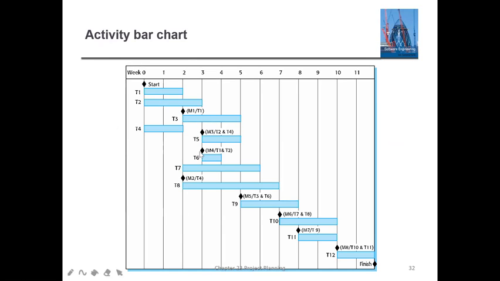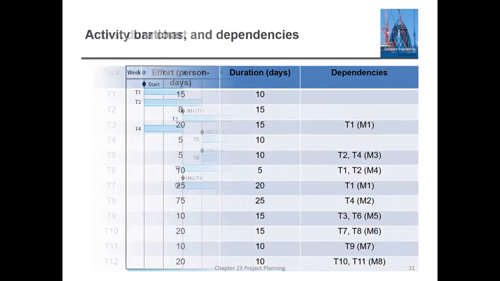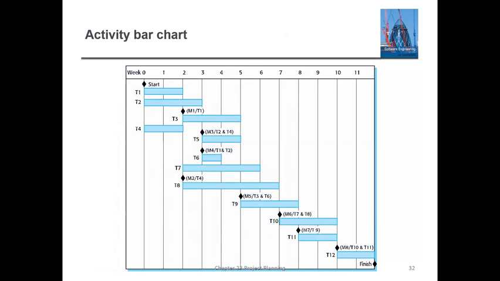Whenever you have milestones, you give these diamond shapes. In some projects you will have this kind of table, mostly in the question paper. But if the question doesn't give one and you have to explain how it looks, just take your own example and prepare a project table like this.